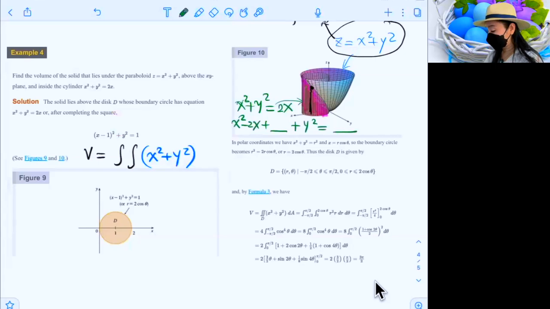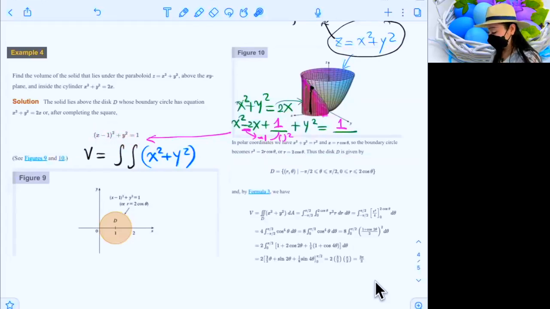To complete the square, you take half this coefficient, which is -1, and you square it and put it here, that's 1. You add 1 on this side, you add 1 on the other side. So after that, you got (x minus 1) squared plus y squared equal to 1. That is the same equation, except this one is in standard form.